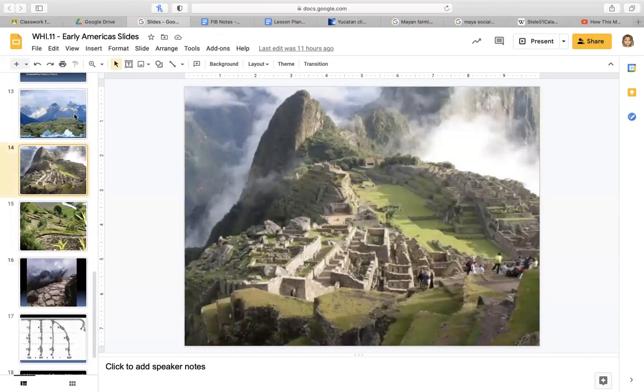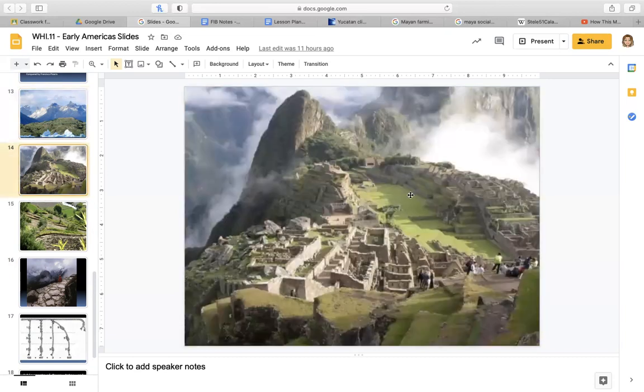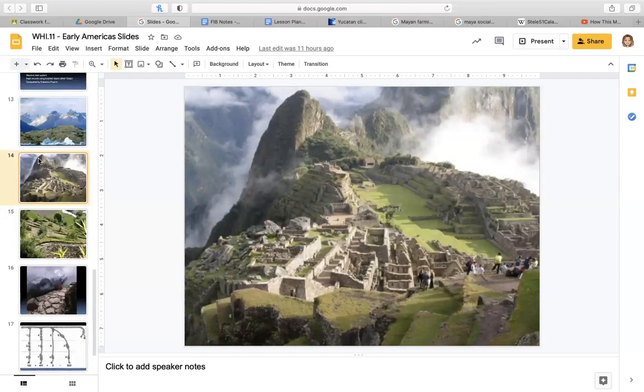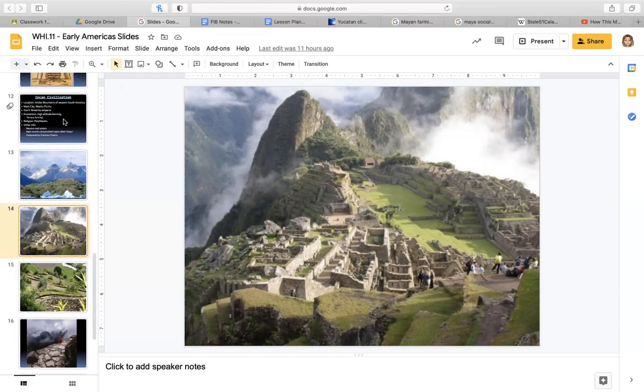I will have to find a better picture, but as you see, they created these civilizations on the side of mountains, with no other help than physical labor and llamas. So it's pretty insane. I will have to find another picture to upload of their road system because I could not imagine driving on the side of a mountain like that. The closest thing I think you could get to that is maybe like going towards West Virginia around here.